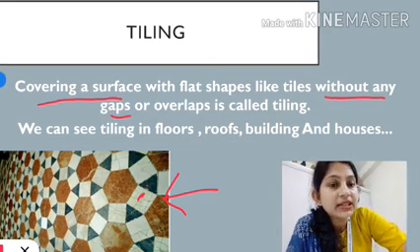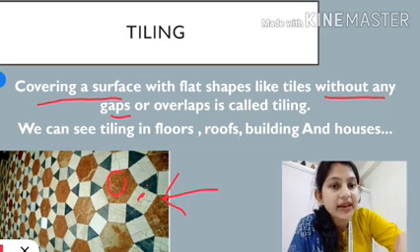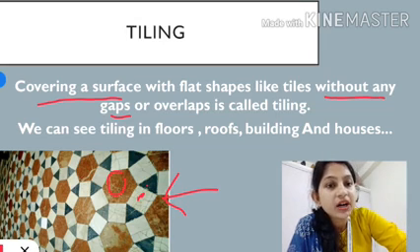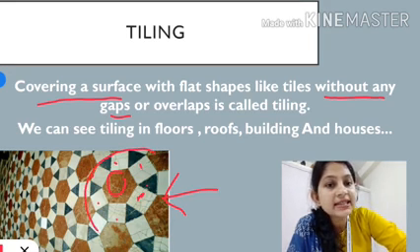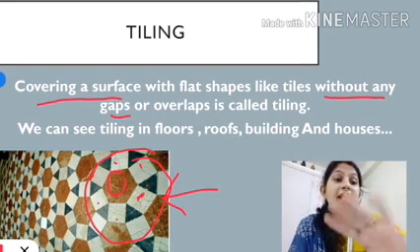There is a white colored square, then in the center one hexagon, then 6 squares are arranged, and in the center there are black colored triangles also. You can see how nicely they are arranged without leaving any gap.